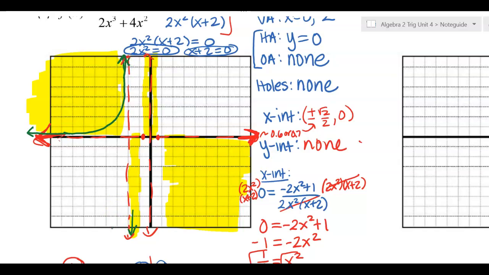Like this was an option. So I know I have behavior here, and then I actually have a point that exists on my graph. So I have to connect this behavior, which eventually comes up and hits that point, right? So I'm just going to connect something that's vertical like the asymptote to curve over and eventually hit that point. Do I know if those points are exact, if it's steep enough or whatever? I don't know, and that's okay, all right?